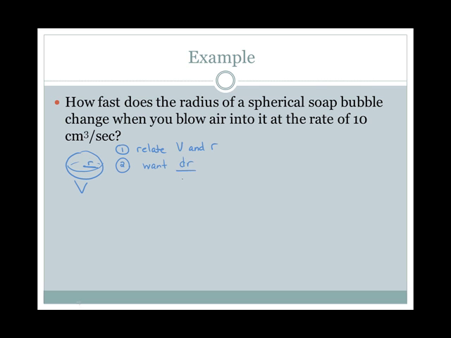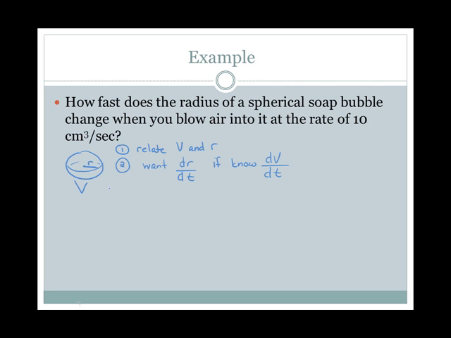We want to know how the rate of the radius is changing over time if we know what the volume is changing. So if I change the volume over time, how will my radius change over time?